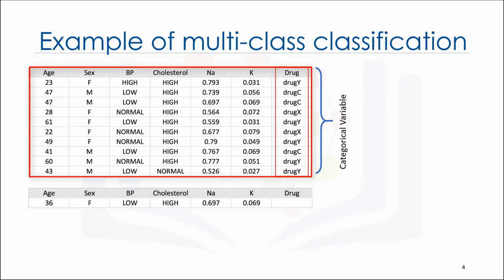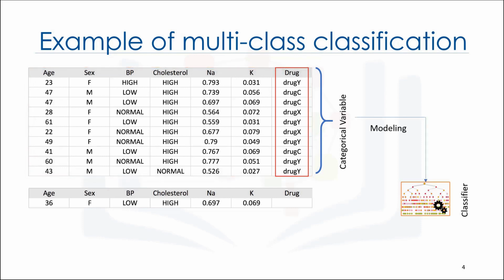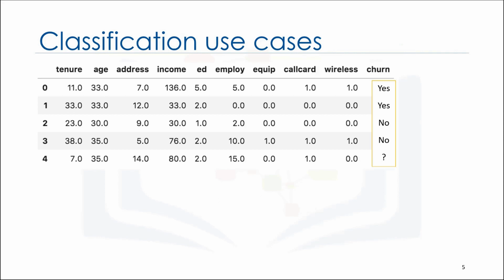During their course of treatment, each patient responded to one of 3 medications. You can use this labeled data set with a classification algorithm to build a classification model. Then you can use it to find out which drug might be appropriate for a future patient with the same illness. As you can see, it is a sample of multi-class classification.